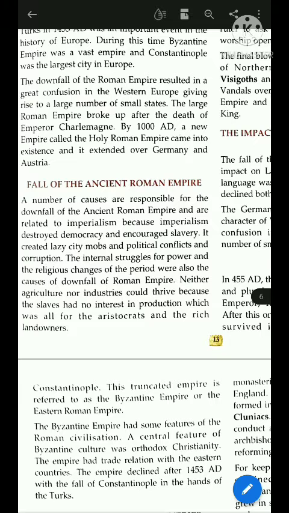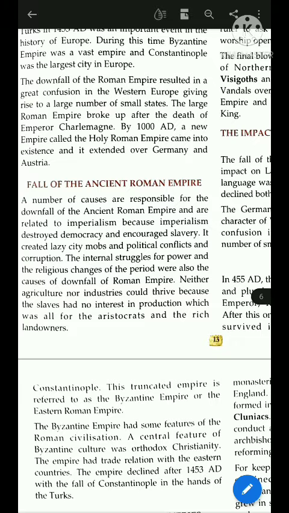Neither agriculture nor industries could thrive because the slaves had no interest in production, which was all for the aristocrats and the rich landlords. Students, in the Roman Empire, neither agriculture nor industry could thrive. Thrive means increase. Why?